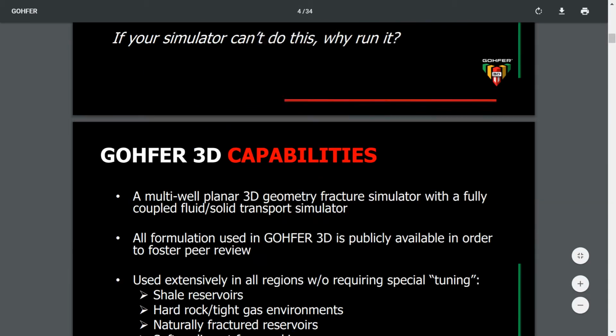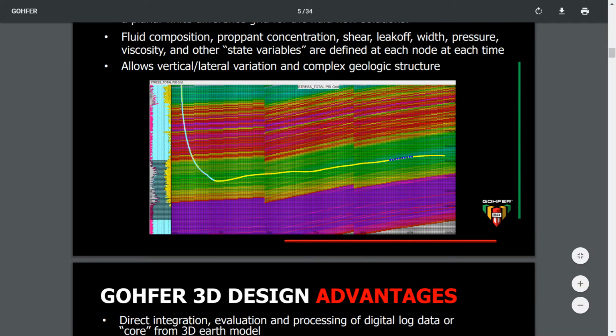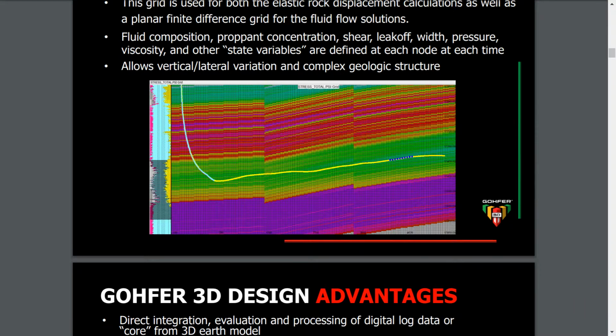So this software does exactly the same as the things we have done before. But now, notice you can have a one-dimensional mechanical earth model, or you could also have a three-dimensional mechanical earth model, where now that you have a horizontal wellbore, it's very important to see how the properties also vary along the wellbore.